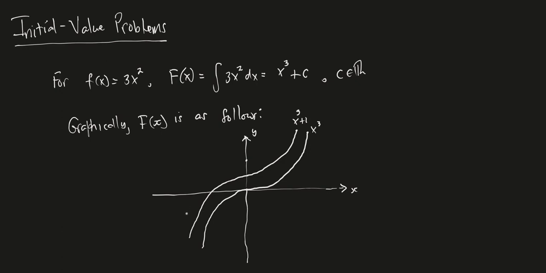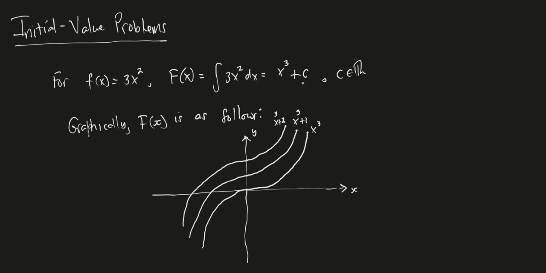And then you would have that same kind of shape up there. So then this would be your x cubed plus 2. And that's what it would look like if I took my constants to be positive.